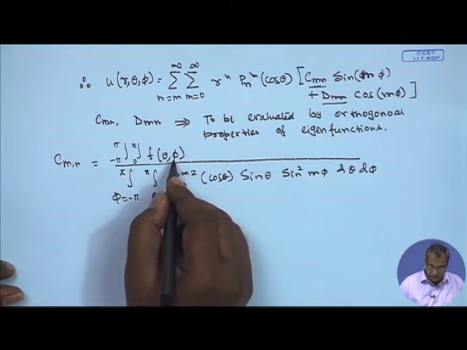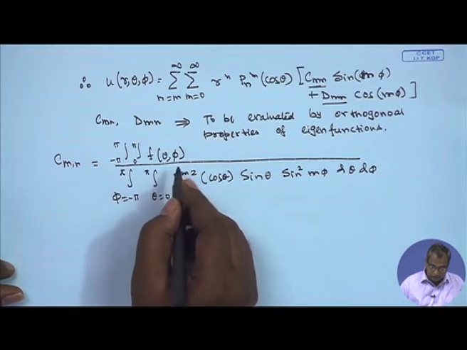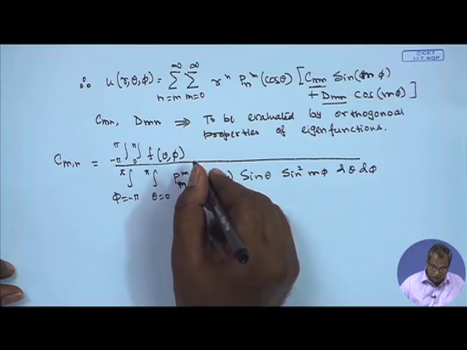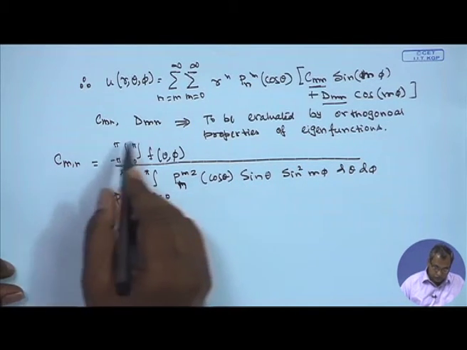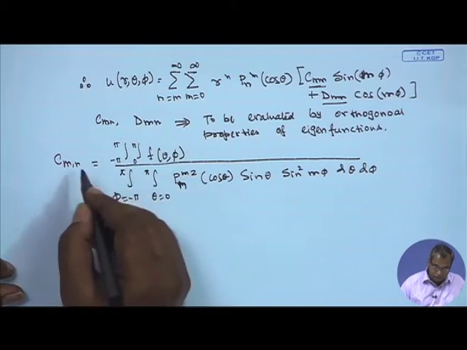F of theta phi is the condition at r equal to 1. We will be getting this from the boundary conditions.